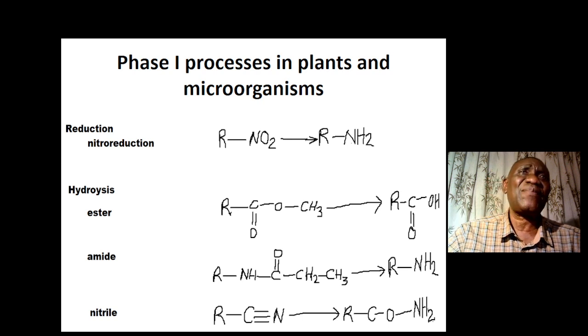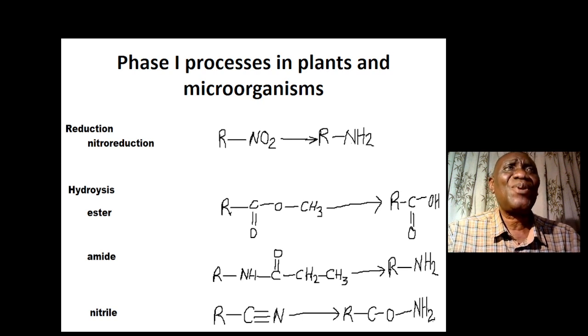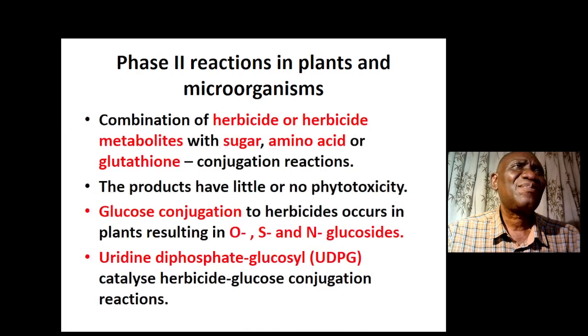This is just a summary for you, so that you know where you are going and where you are coming from. Then conjugation processes, where you have the role of glutathione, the role of amino acids, and the sugar. I will not repeat what I have said.